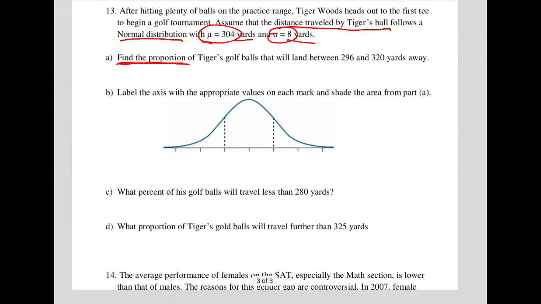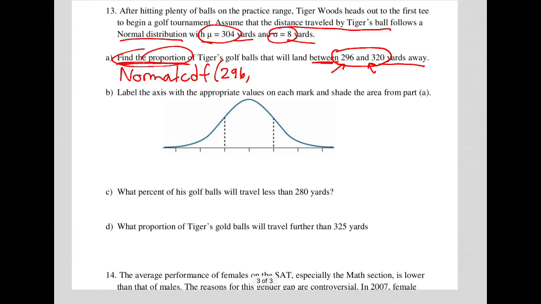So we are trying to figure out what's the proportion of time or proportion of hits that are going to land between 296 and 320 yards. So right there, remember, we're finding the proportion, so we already know we're using normal CDF. And they just gave us a lower bound and an upper bound. So 296 is our lower, 320 is our upper. Our mean is given to us in the problem as 304, and our standard deviation is 8.